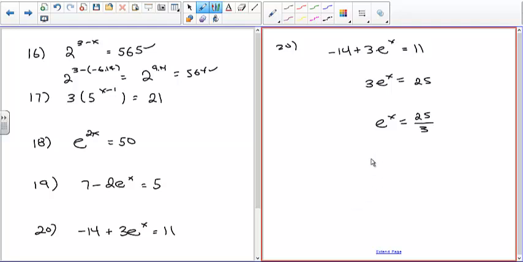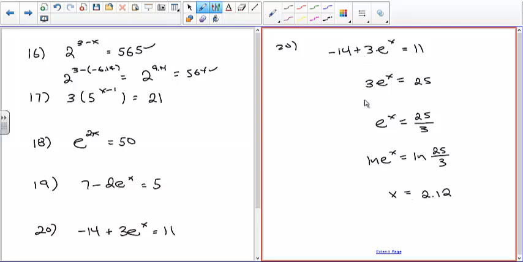Now you can take the natural log of both sides. So we get the natural log of 25 thirds. The natural log of e to the x is x, and the natural log of 25 thirds is 2.12.